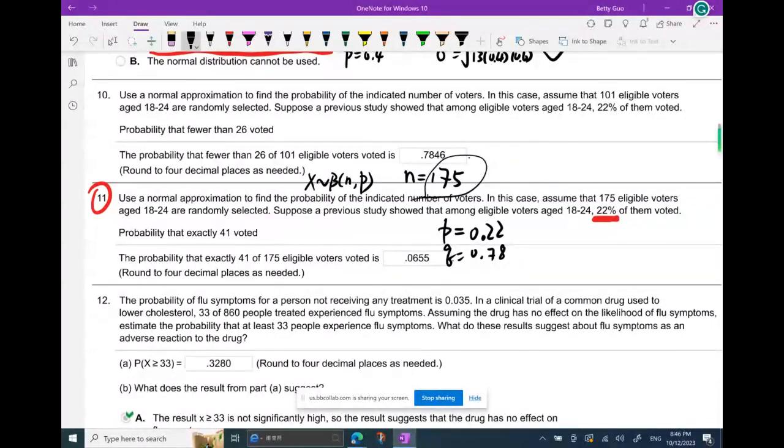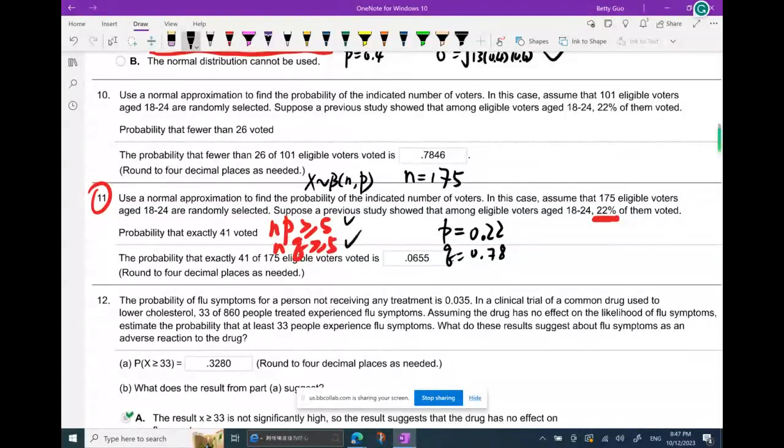Even 0.22 is a very small decimal, and you multiply that, definitely bigger than 5. But you do have to check, by the way. Check both and make sure both of the two conditions are satisfied. In our case, they are satisfied.